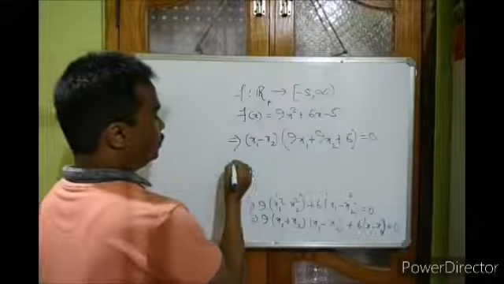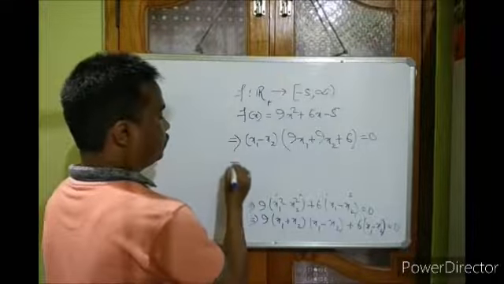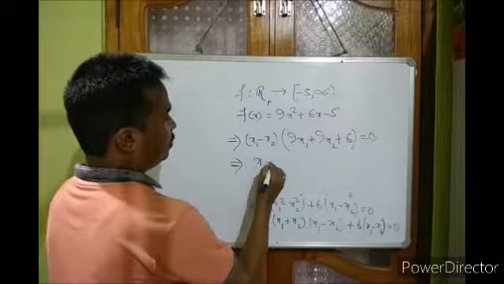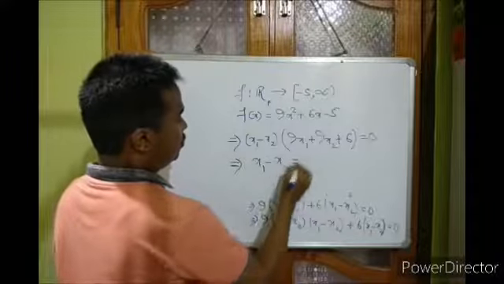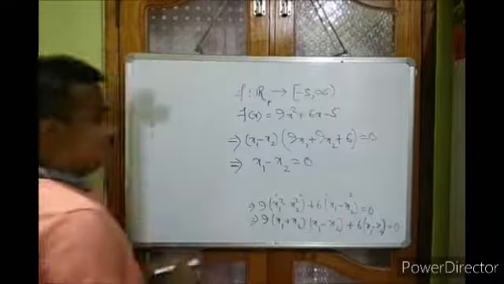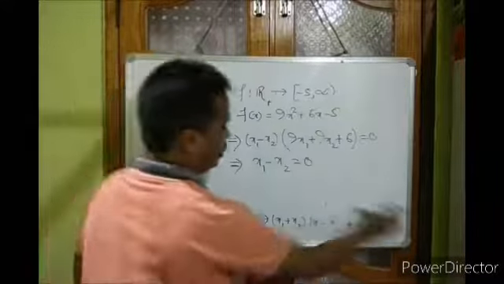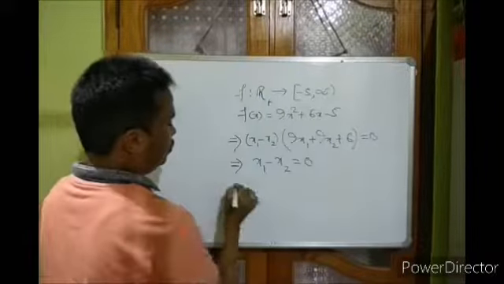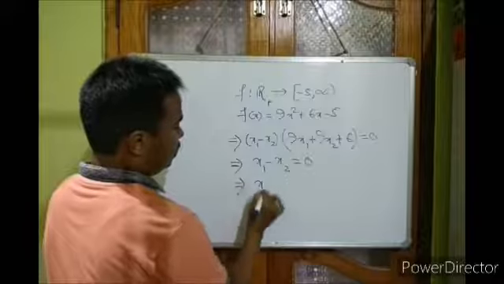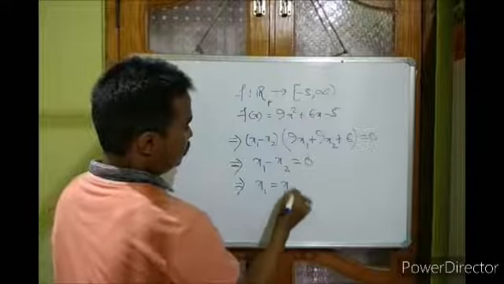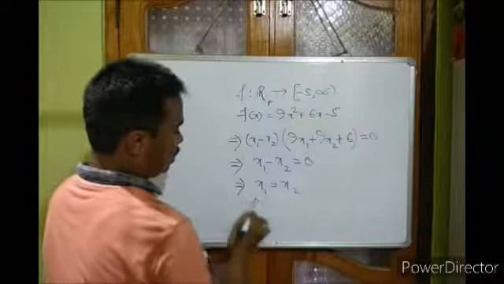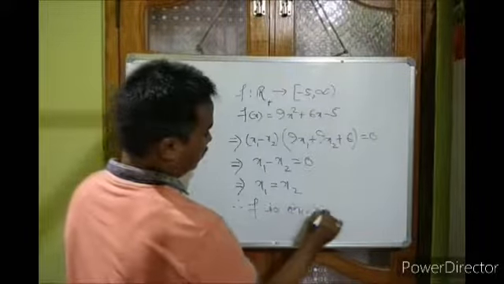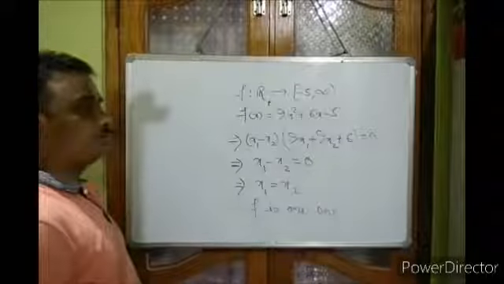This implies x1 minus x2 is equal to 0. So we have got x1 is equal to x2. So therefore f is 1-1. The function f is 1-1.